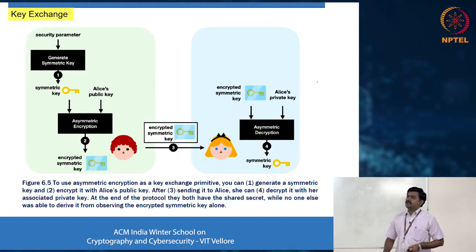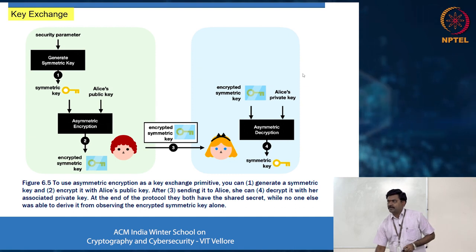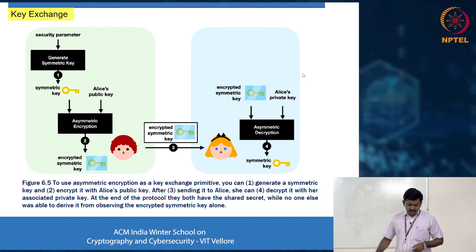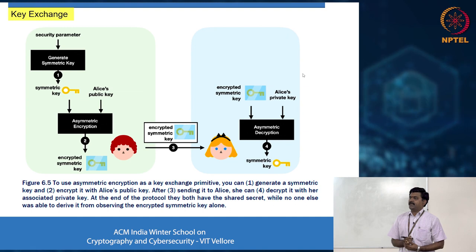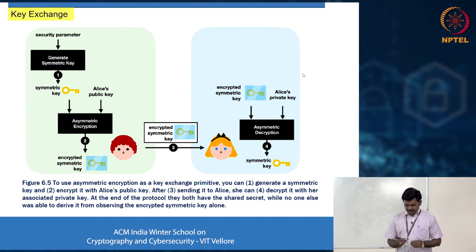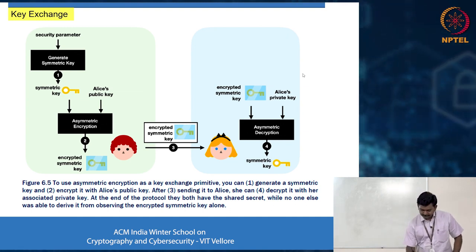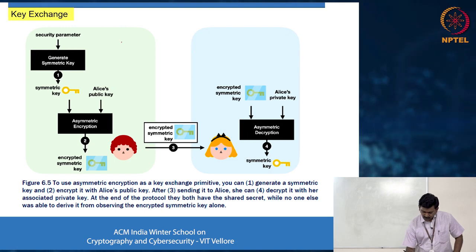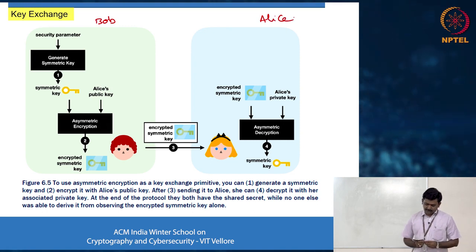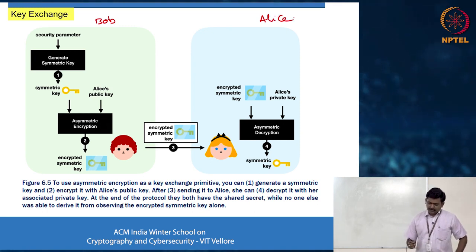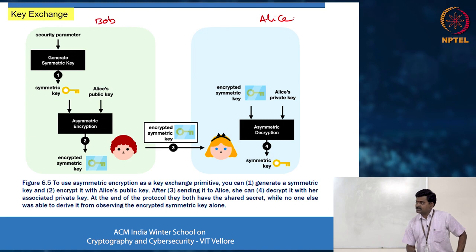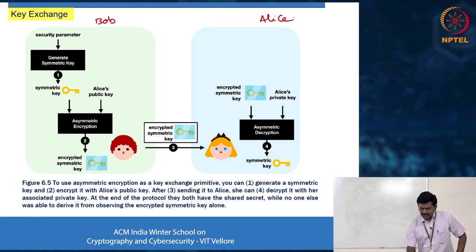So if you want to closely observe how the encryption algorithms work so far, number one, you see here what Bob has done. Imagine Bob to Alice. To have the communication between Bob and Alice, Bob created the symmetric key.